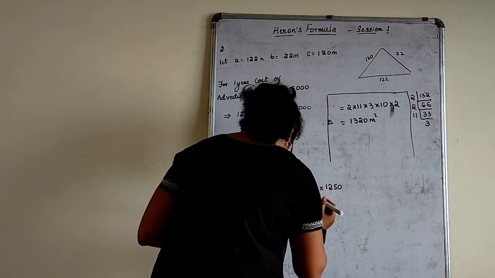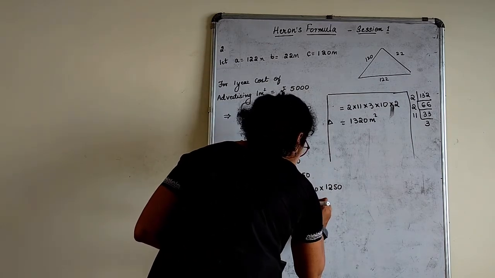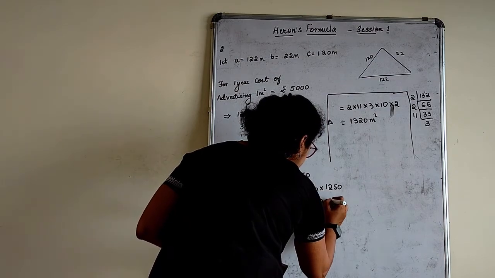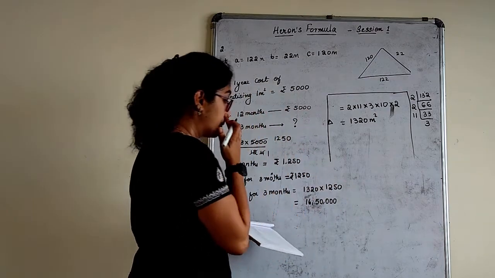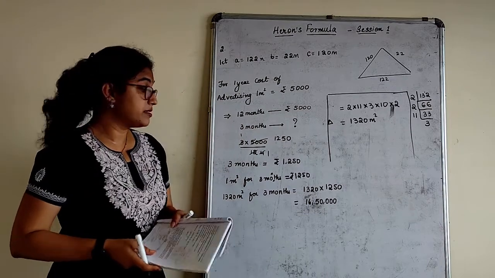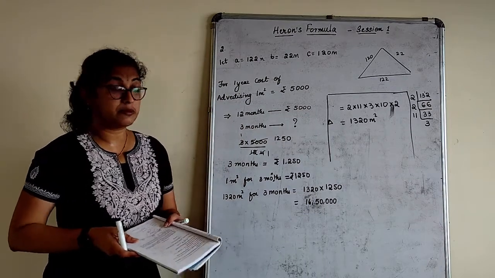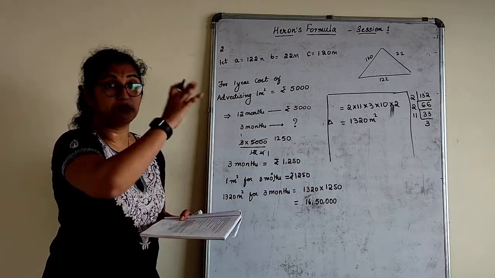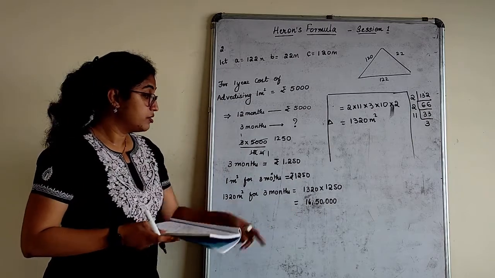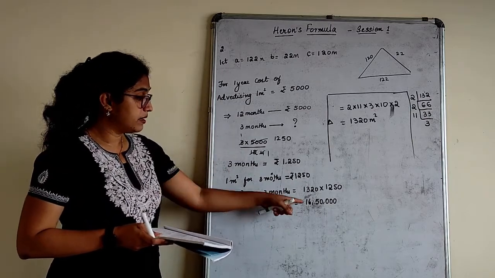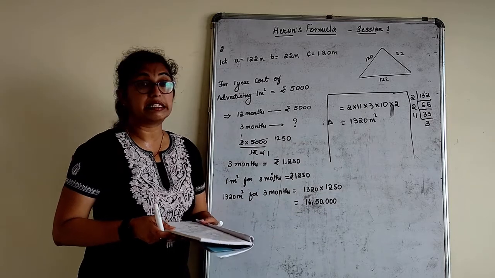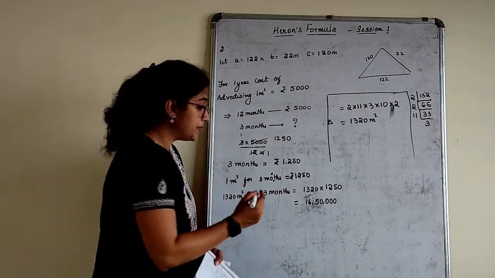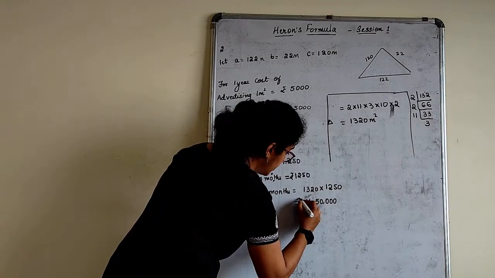So you get 16,50,000. Just imagine. These are sometimes the amounts paid for advertisement, hoardings or big banners. So only for 3 months, they are paying 16,50,000 rupees. Units is rupees here.